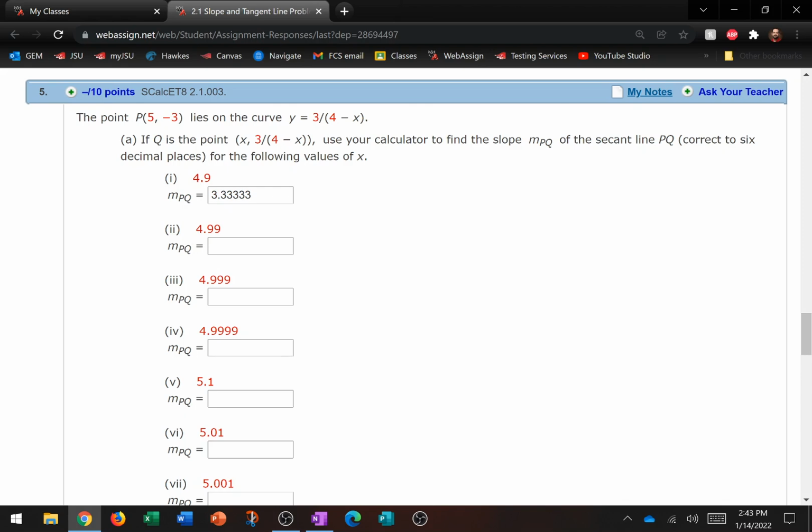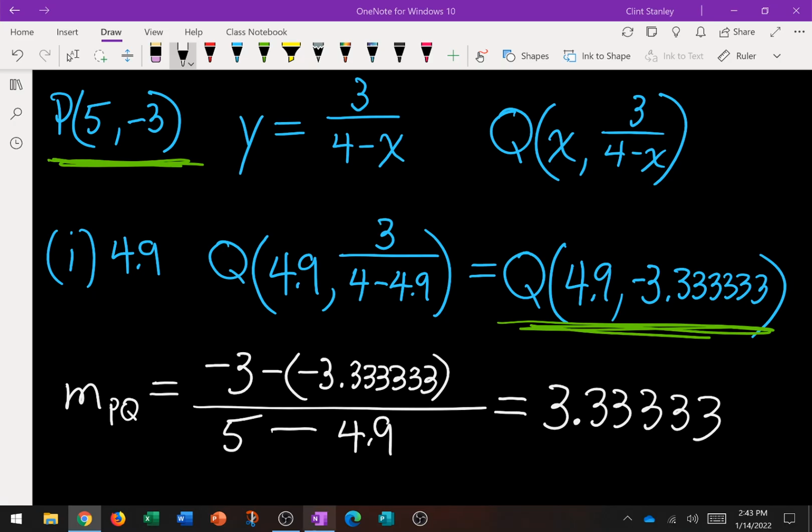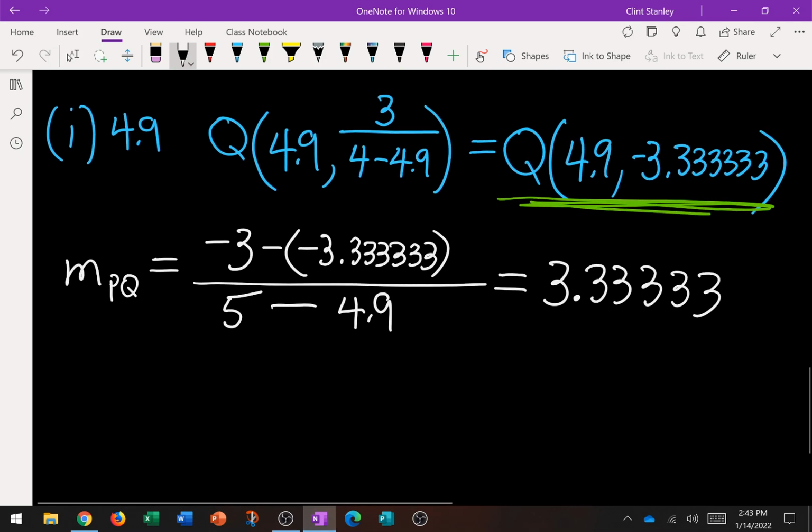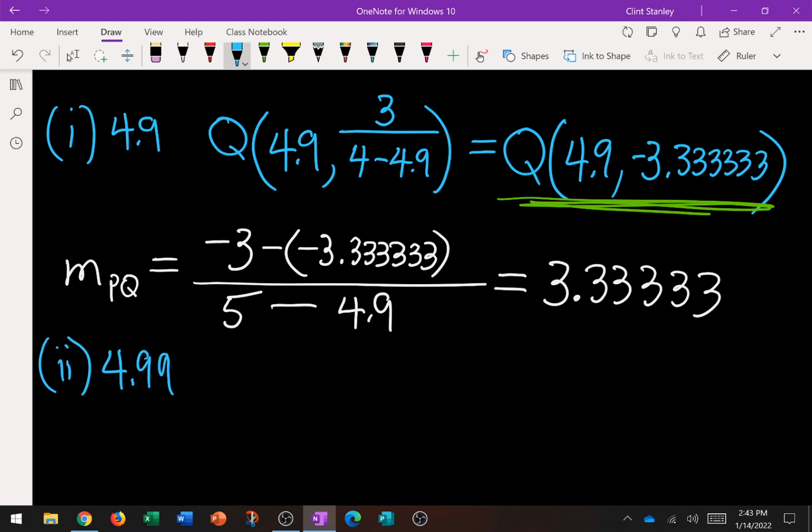I do the same thing with 4.99. A little bit of a drag, but copying most of what we did already. Q, kind of figure out what it's going to be, and it's going to be 4.99.